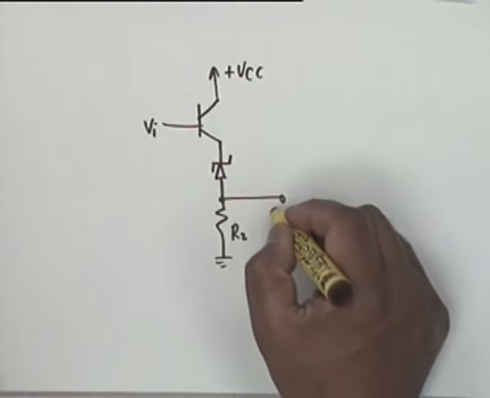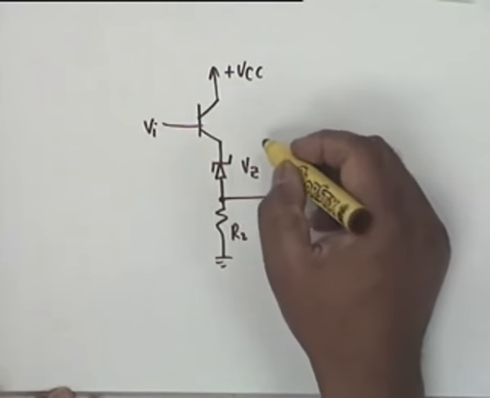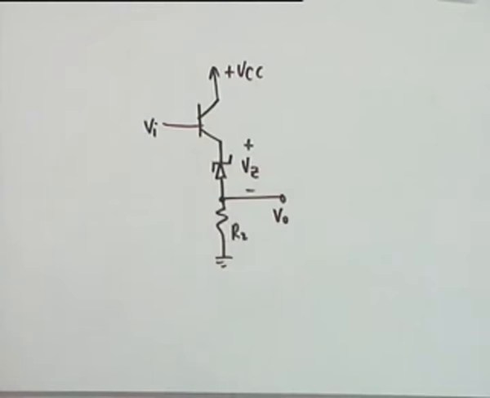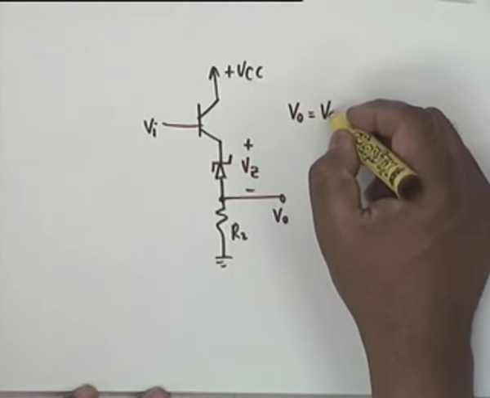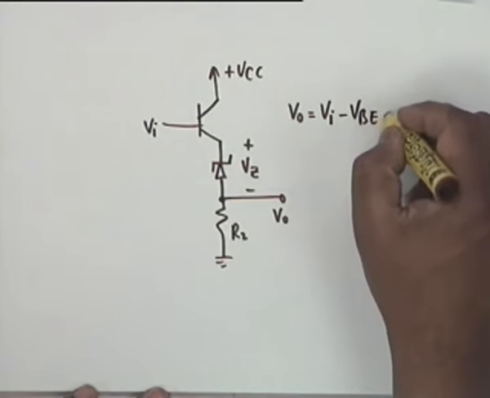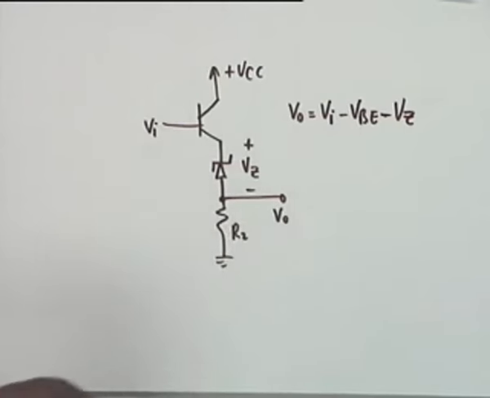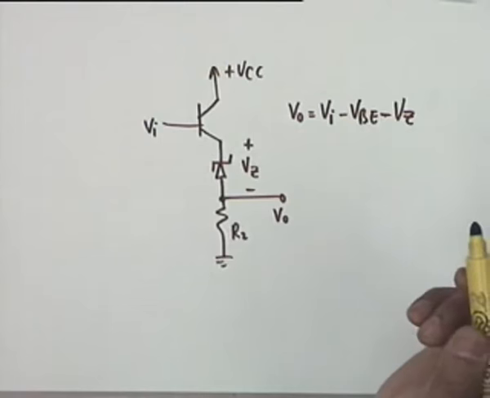The output voltage is taken here. The Zener diode voltage is VZ with this polarity. It's reverse biased. Obviously now V0 would be equal to VI minus VBE minus VZ. You choose the Zener diode properly so that the amount of shift is adequate.